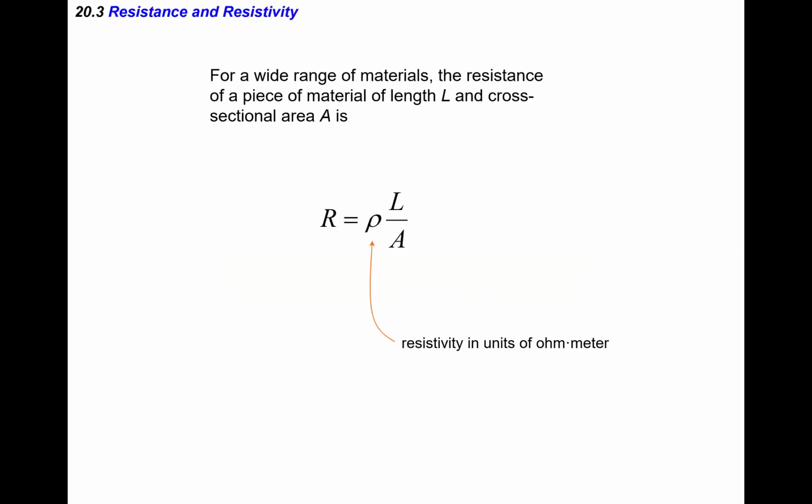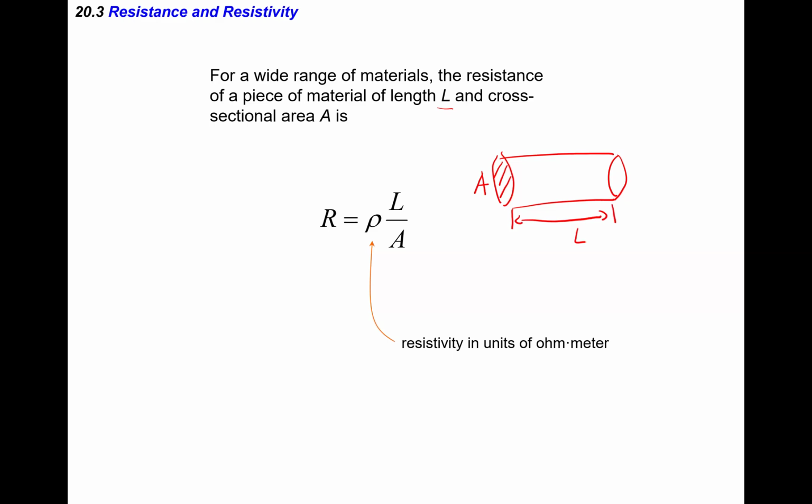And then we have how to calculate the resistance of a wire. So we have a wire, okay? For a wide range of materials, the resistance of a piece of material with length L and cross-sectional area A, usually like a wire. Okay, so this is A, this is L. So a resistance looks like this.